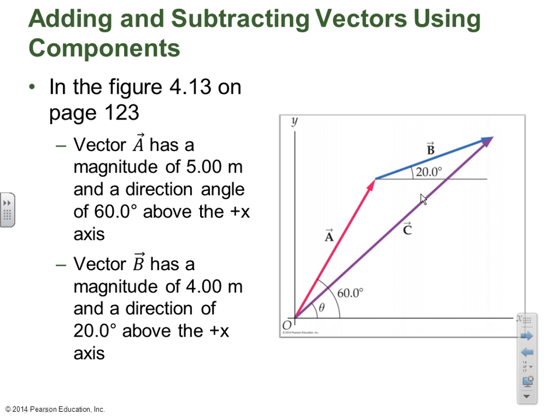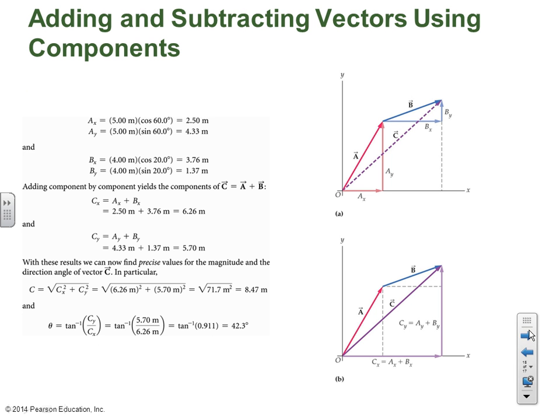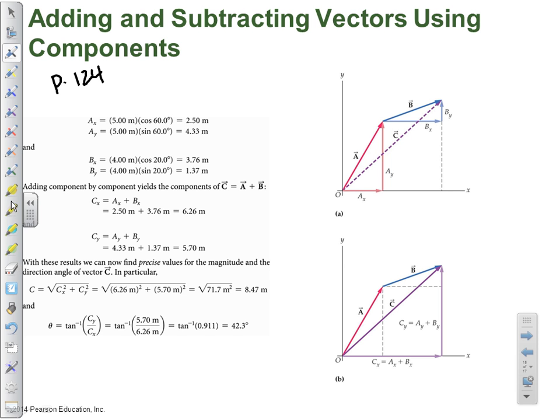So this picture might not be drawn to scale, but we still have to find the resultant displacement, or the resultant vector. So, just like we discussed, and please, as I said, don't write this down, this is on page 124 of your book, so if you want to make a note of that. The first thing they did was break up A into its components by using the trig functions, right?